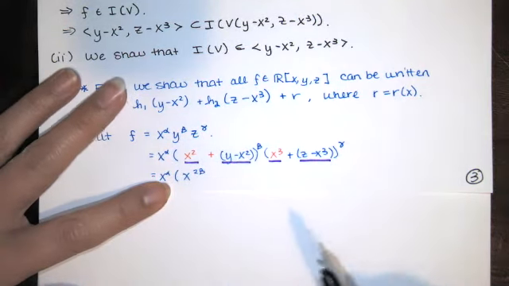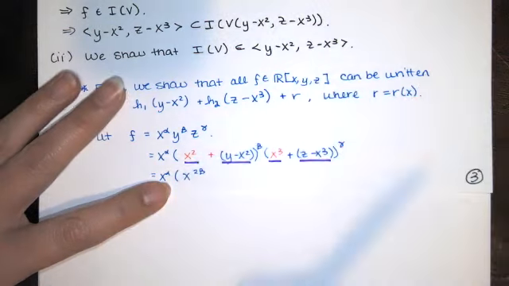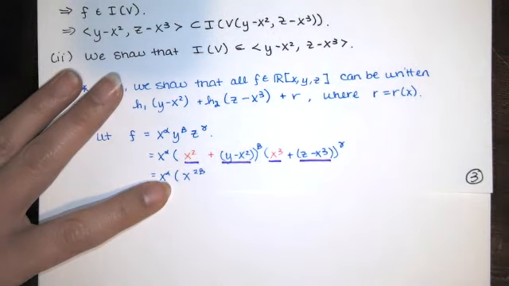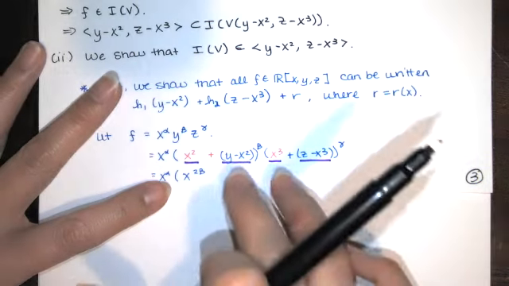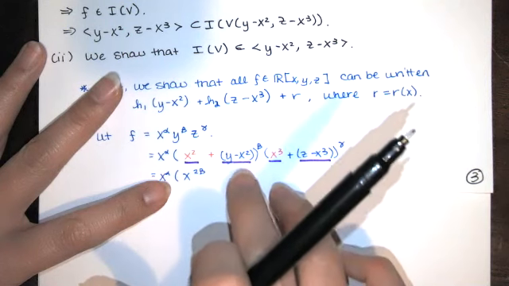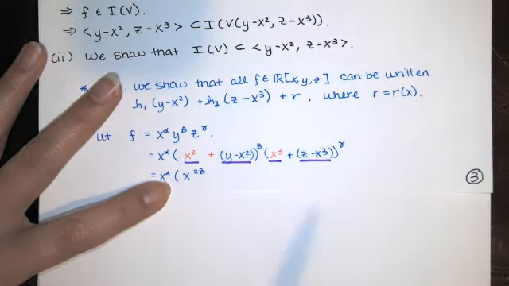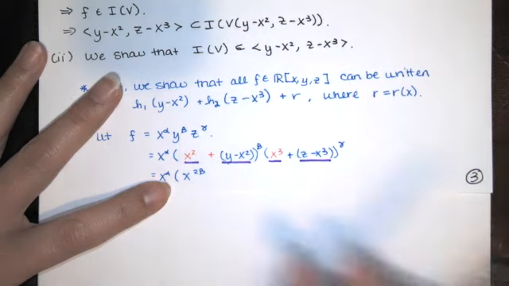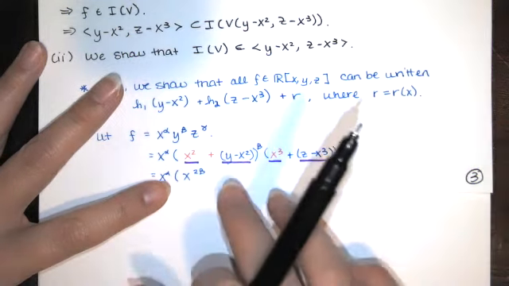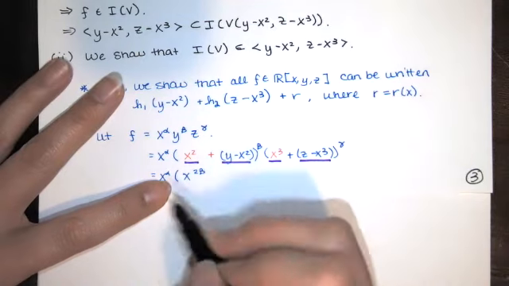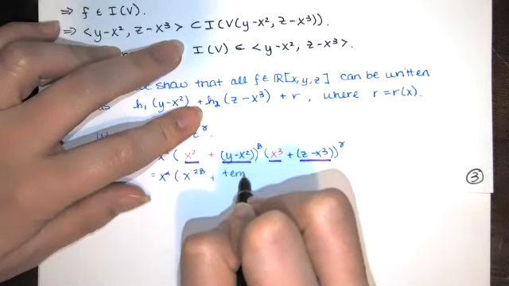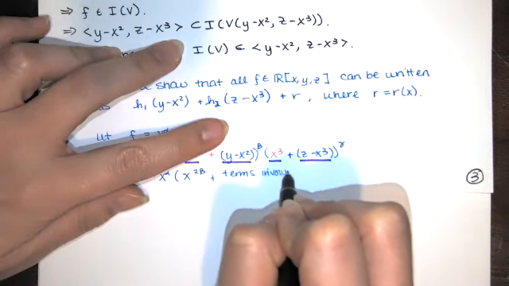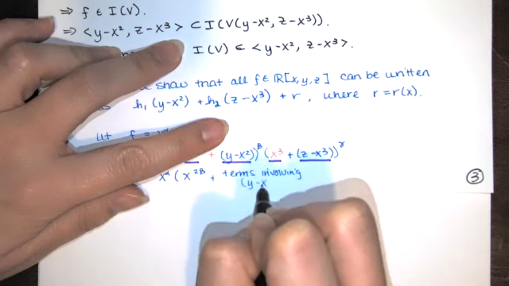And then every other term would involve x squared to the beta minus 1, x squared to the beta minus 2, x squared to the beta minus 3, and so on until you get to x squared to the first and x squared to the 0, times powers of y minus x squared: first raised to the first, then raised to the second, and raised to the third until you get to y minus x squared to the beta. So what we end up with when we expand this is x to the 2 beta plus terms involving y minus x squared.